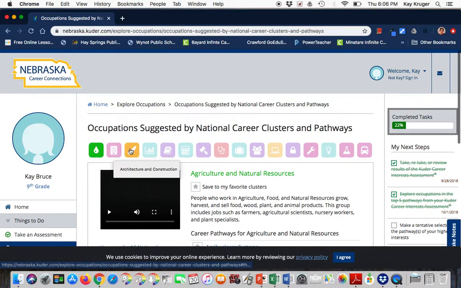Architecture, that might be kind of interesting. Arts, maybe I'm not so interested in that. I would skip over that. I might be interested in any one of these, or I may skip over those. You can click on those, check out what they entail, and that might be a way to also find a way to really consider what you might want to do and find the information related to that.